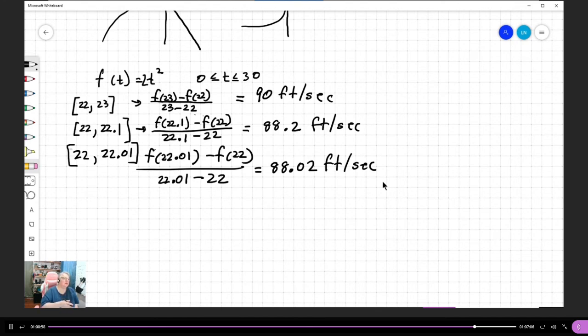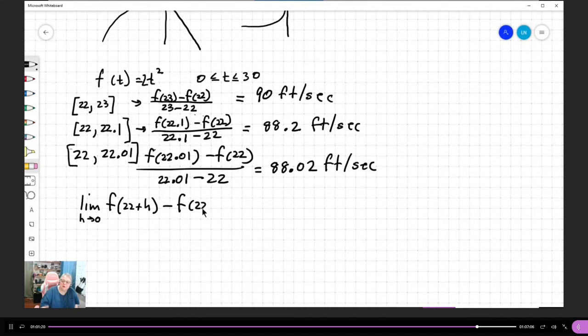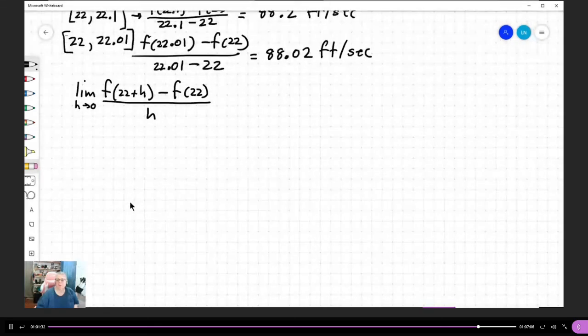The second part says calculate the velocity of the car when t is 22. That is going to be the limit as h goes to 0 of f of 22 plus h minus f of 22, all over h. Again, because we're only interested in this specific point in time.